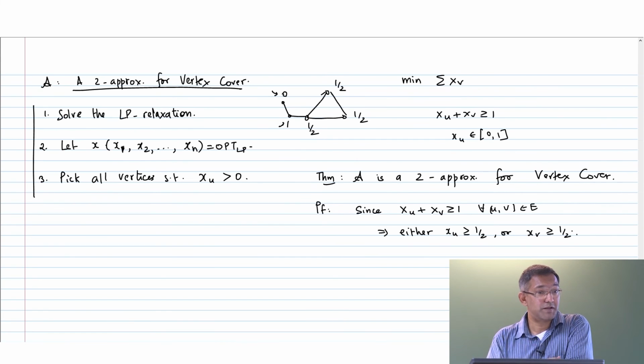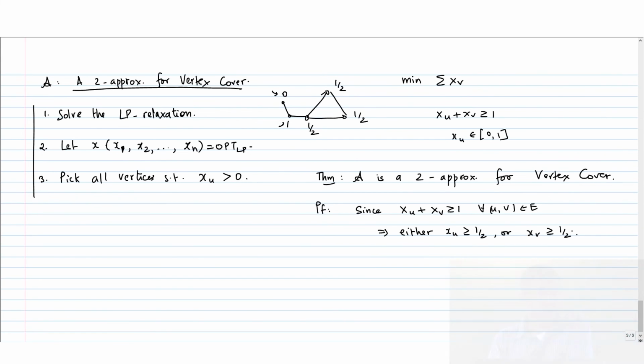One of these values should be at least half, right? Now, let us look at the objective function value. The objective is x1 plus x2 plus and so on plus x sub n. So, maybe this is a set of vertices for which the LP gave you a value 1.